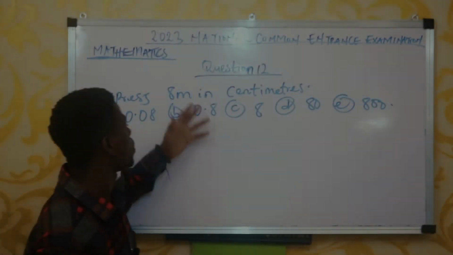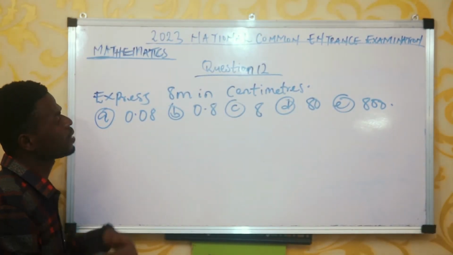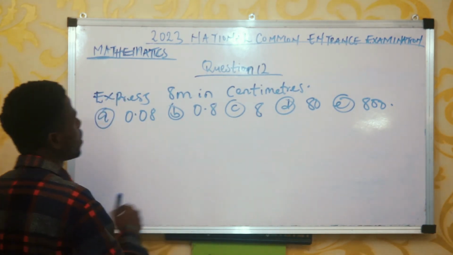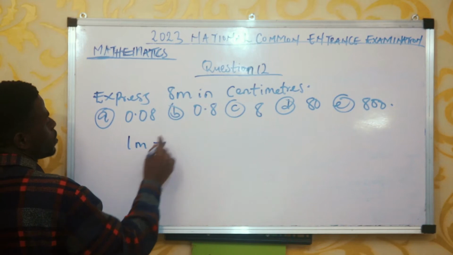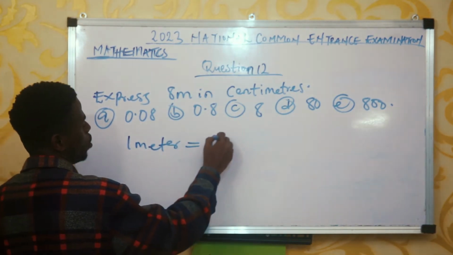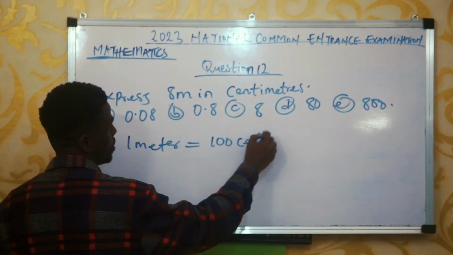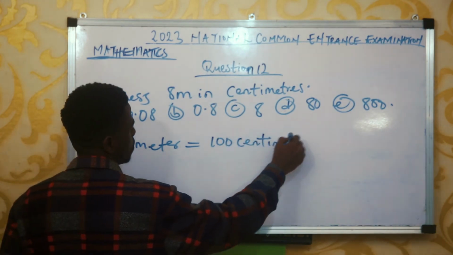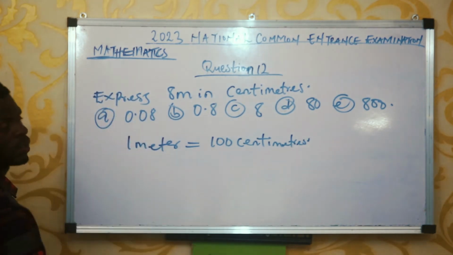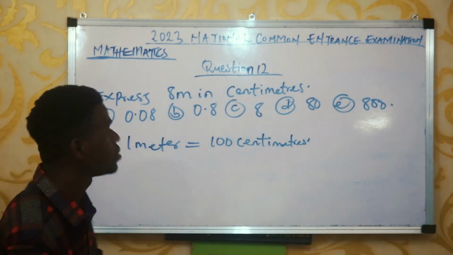Yeah, this is question 12. Question 12 says express 8 meter in centimeter. Don't forget, 1 meter is equivalent to 100 centimeters. Alright, so in this case, given that, convert 8 meter to centimeter.